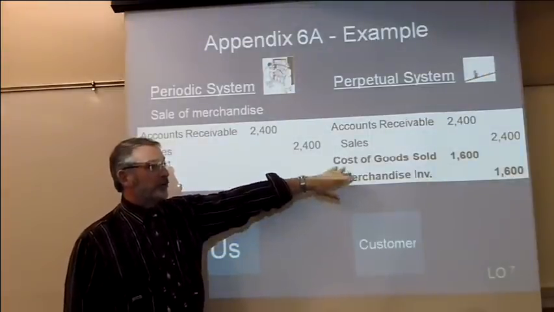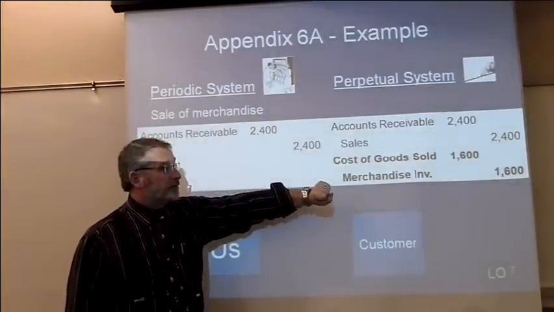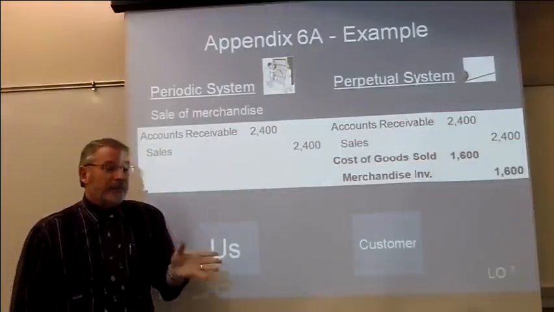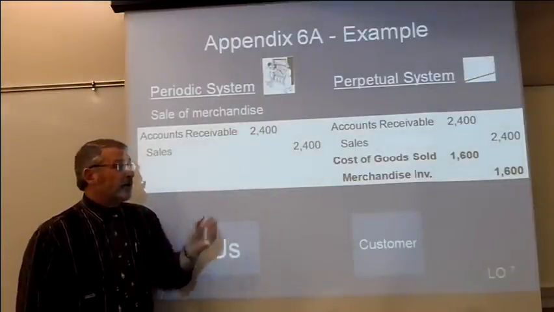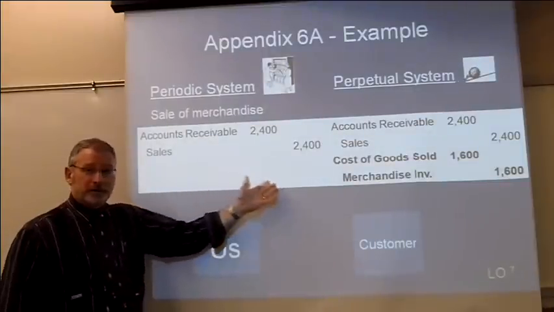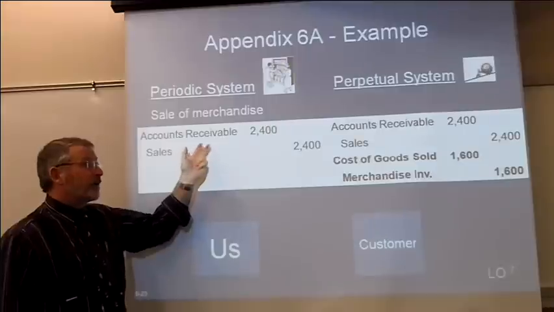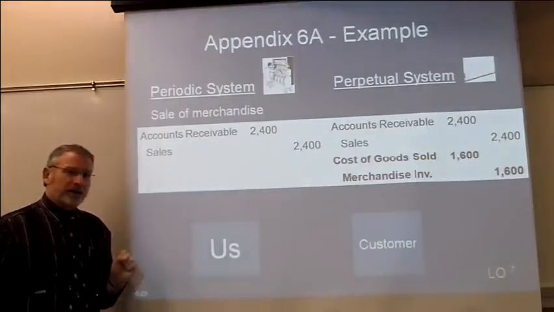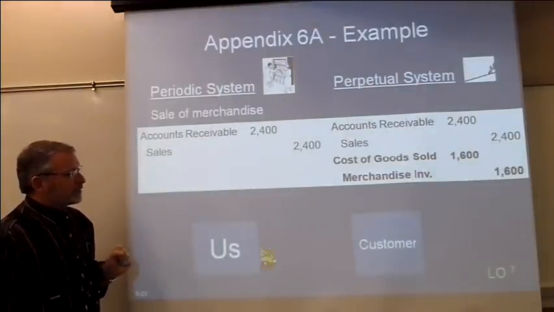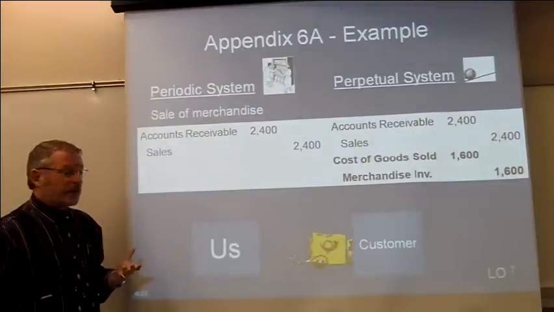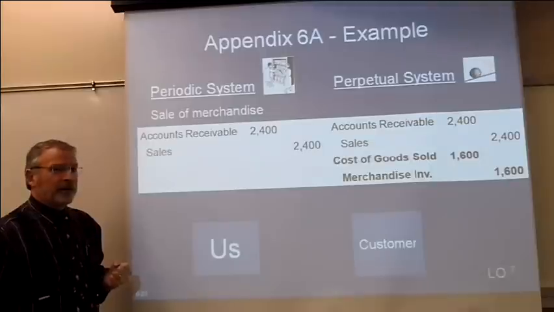We reduced the inventory and transferred that to the cost of goods sold. Because we're not perpetually updating those accounts, there is no entry associated with that. There's only the recording of the receivable, the amount we'll receive in the future, what we charge the customer, and the crediting of the sales account.